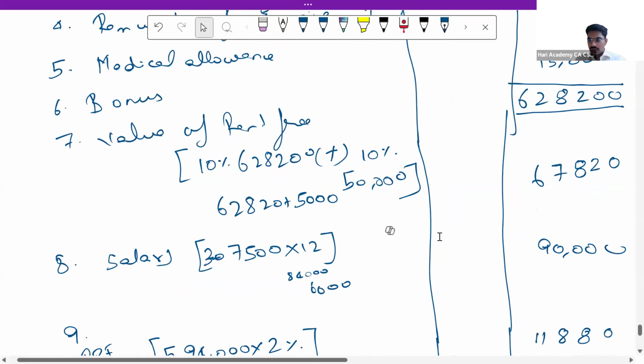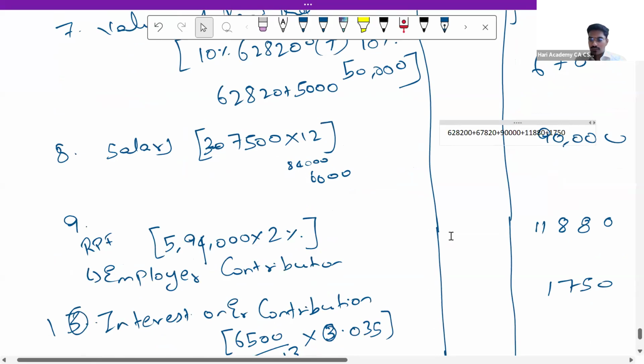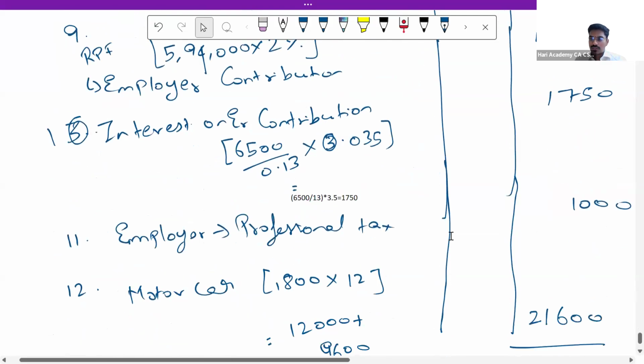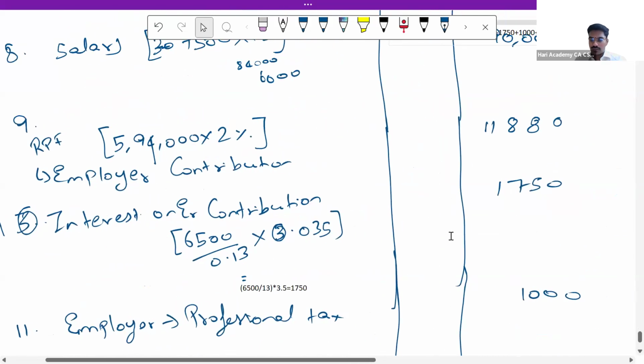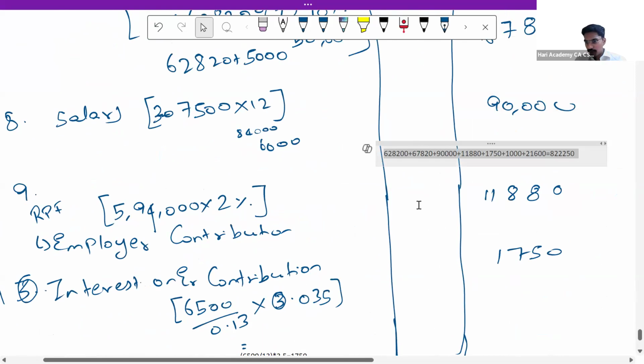So let us do it here. 62,82,000 plus 67,820 plus 90,000 plus 11,880 plus 1,750 plus 1,000 plus 21,600 equals 8 lakhs 22,250.